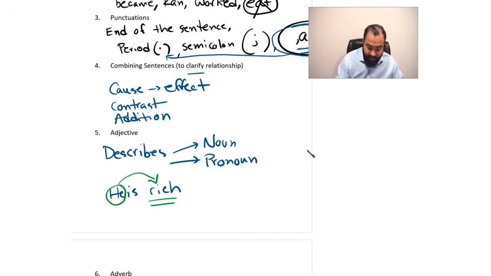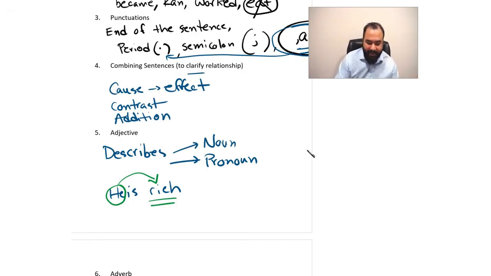Now, when it comes to adjectives, sometimes you can say the adjective first and then the noun. For example, the rich, comma, handsome, comma, Brian is actually a very good mathematician, something like that.